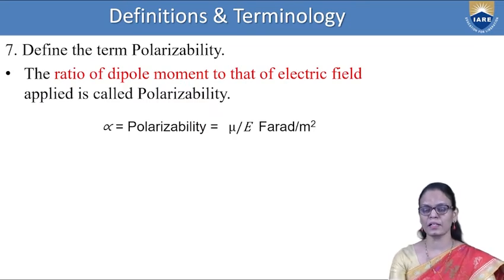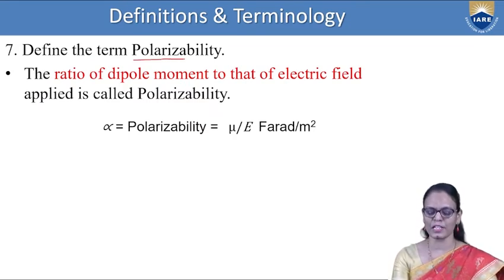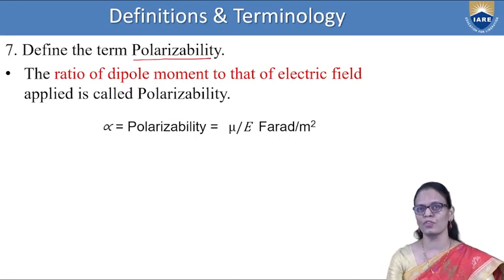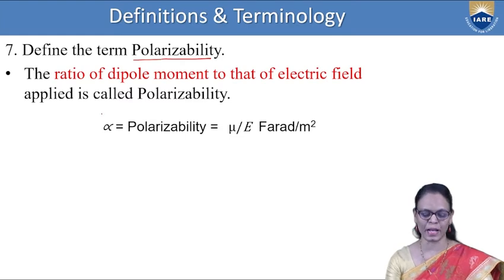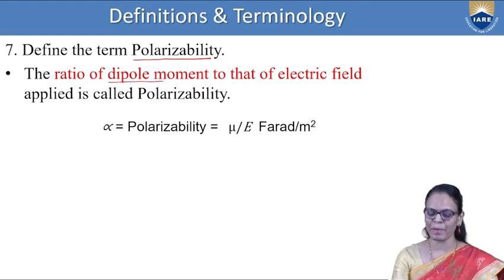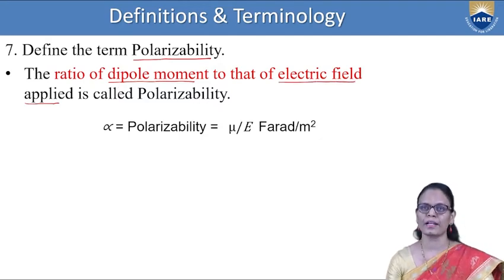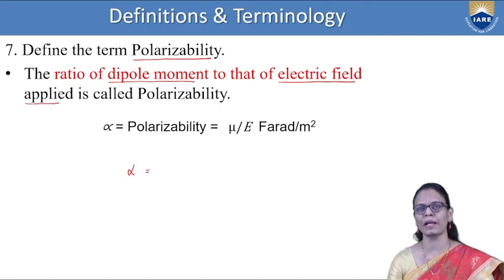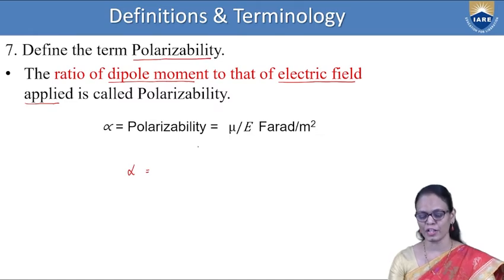Next, define the term polarizability. What is polarizability? It is the ratio of the dipole moment to the electric field applied. Polarizability is denoted by alpha.